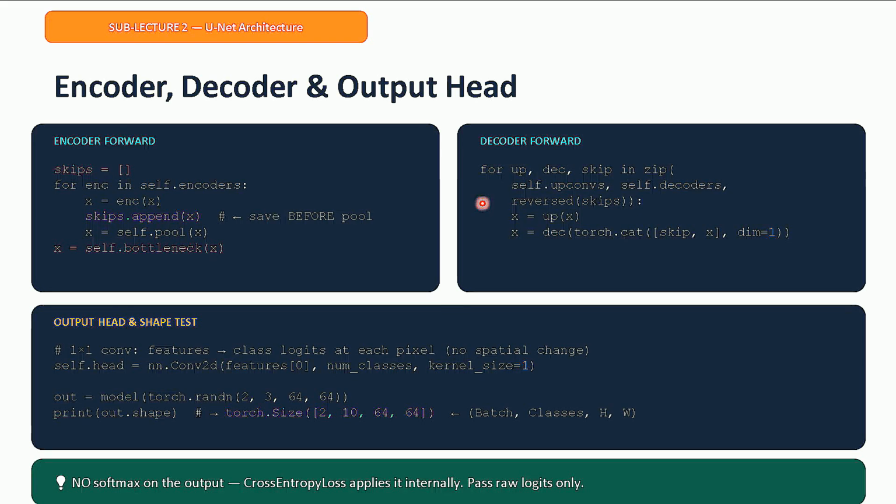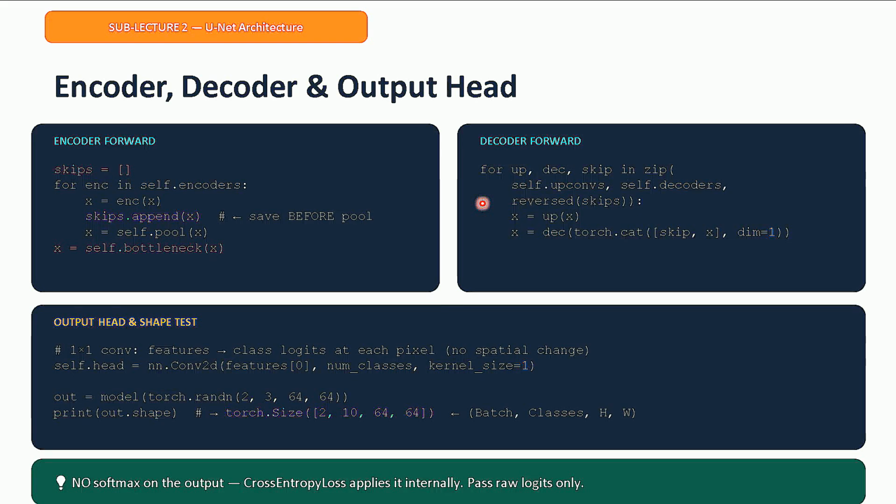The decoder is the reverse. For each level, we upsample using ConvTranspose2d, which doubles the spatial size. Then we concatenate the saved skip tensor along the channel dimension. Then we apply DoubleConv.